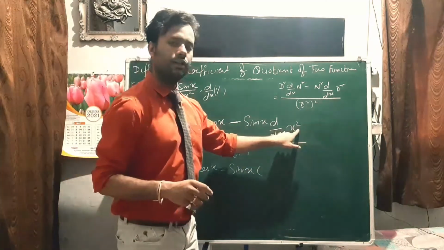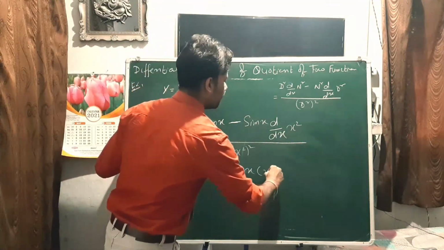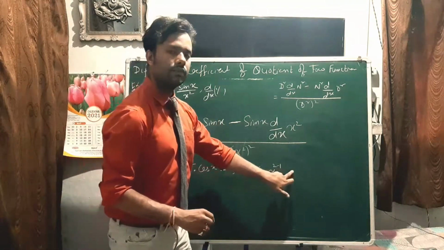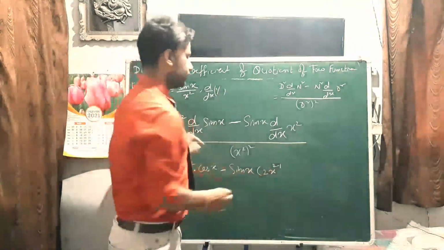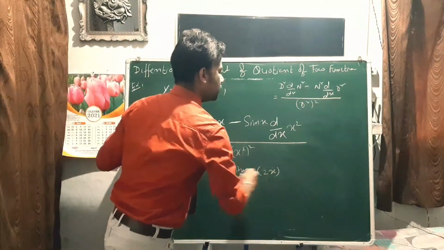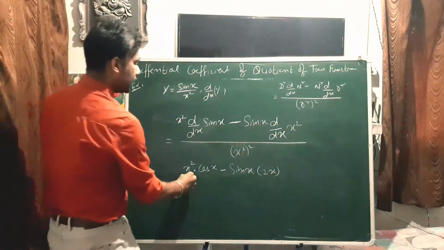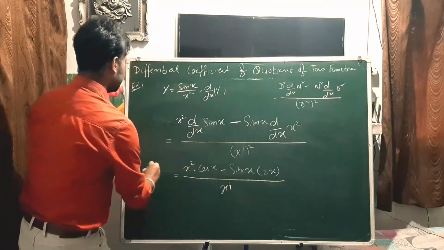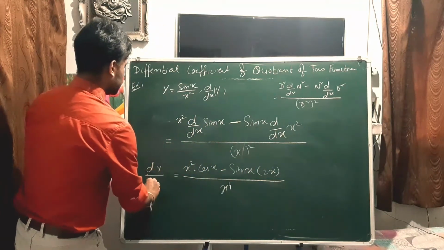So what is n here? n is 2. So 2x to the power 2 minus 1, and 2 minus 1 is basically 1. The differentiation will be 2x divided by x to the power 4. So this will be the differentiation of y.